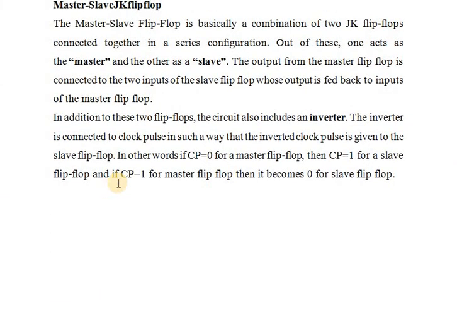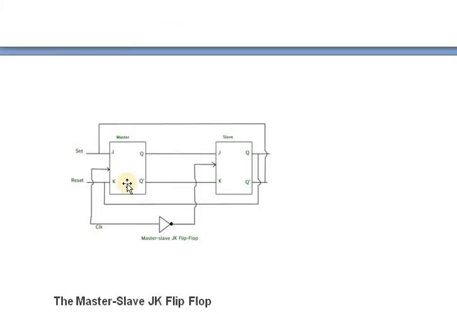So see here, the master slave flip flop is basically a combination of two JK flip flops connected together in a series configuration. Out of this, one acts as a master and another acts as a slave. So see here, this is master and this is slave.